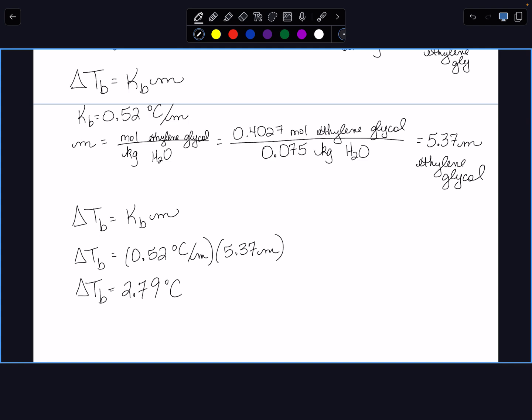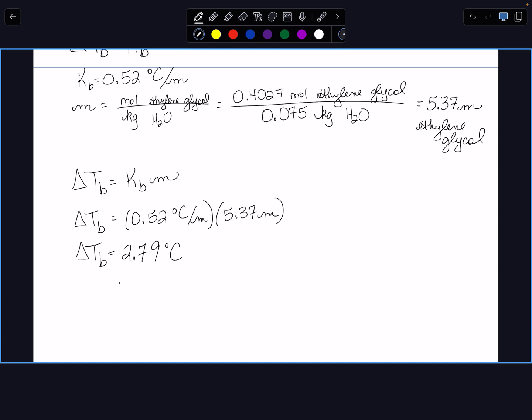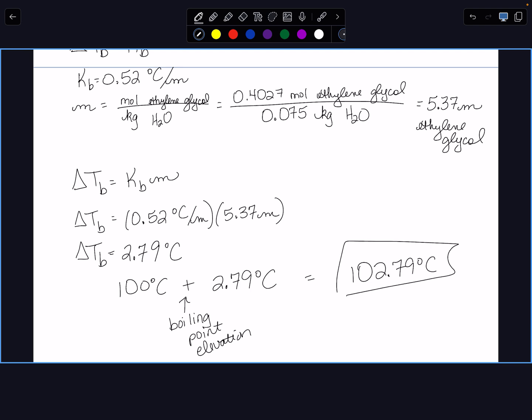Boiling point elevation is the property. Water normally boils at 100 degrees Celsius. We have elevated the boiling point by 2.79 degrees Celsius, so now this water will not boil until it reaches 102.79 degrees Celsius.